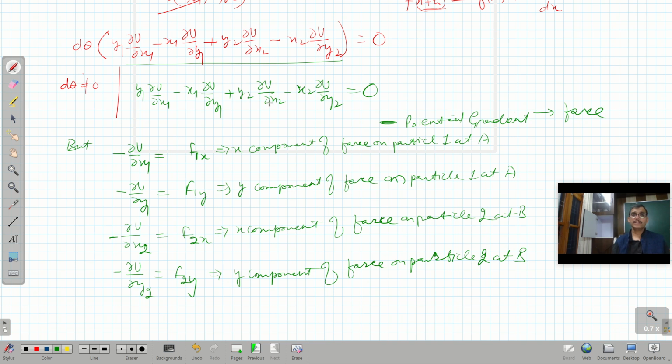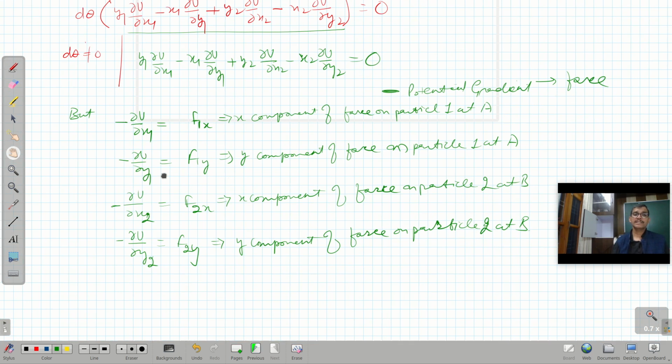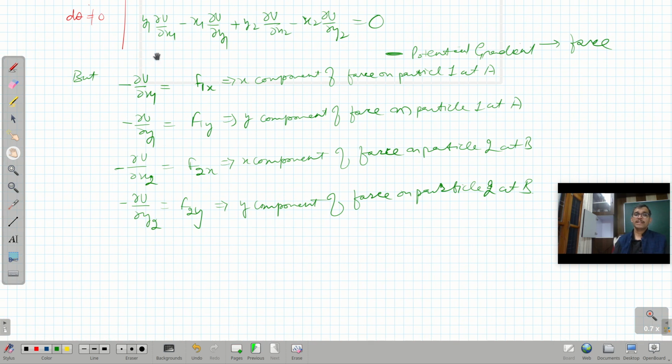So this equation can be written as this part. This part can be written as minus y1 f1x plus x1 f1y minus y2 f2x plus x2 f2y is equal to 0.